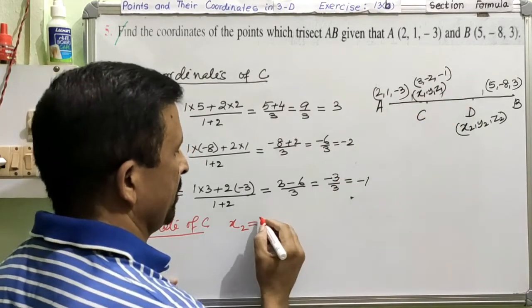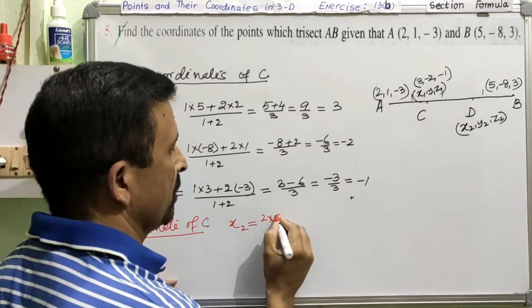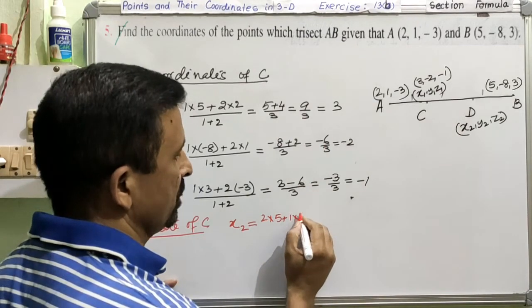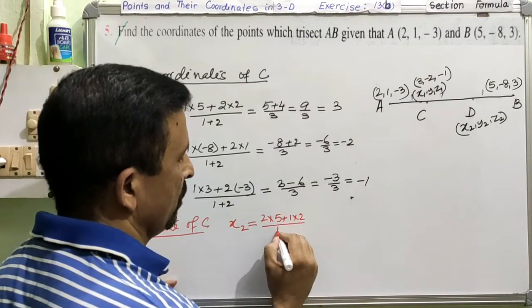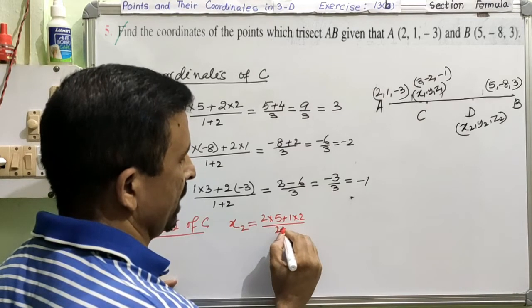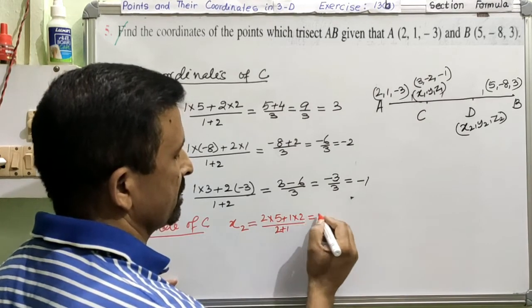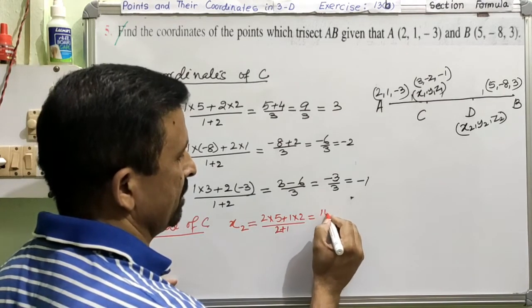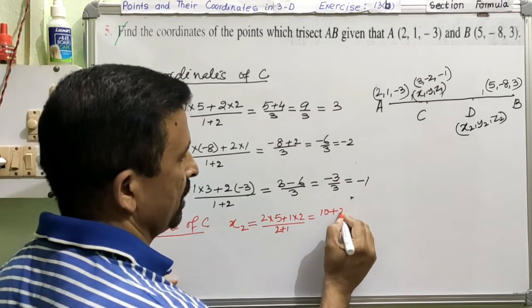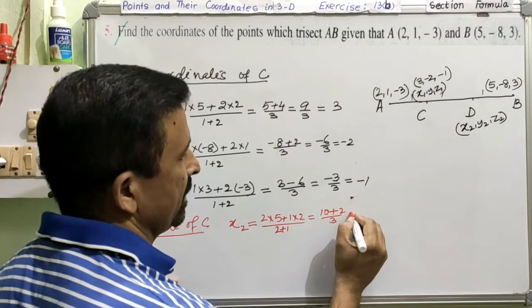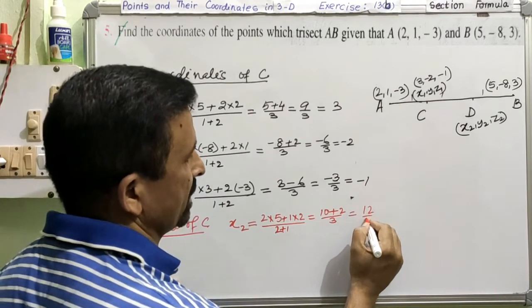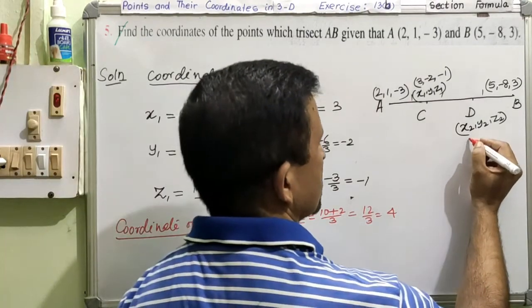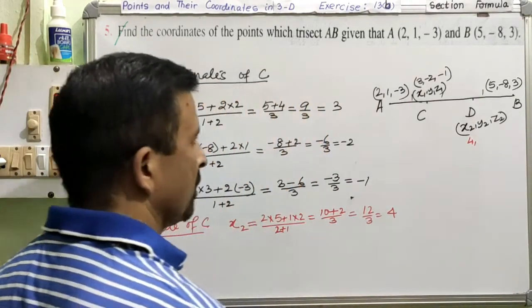So 2 into 5 plus 1 into 2, divided by 1 plus 2. This is 10 plus 2 divided by 3, which is 12 divided by 3, equal to 4. So x2 is 4.